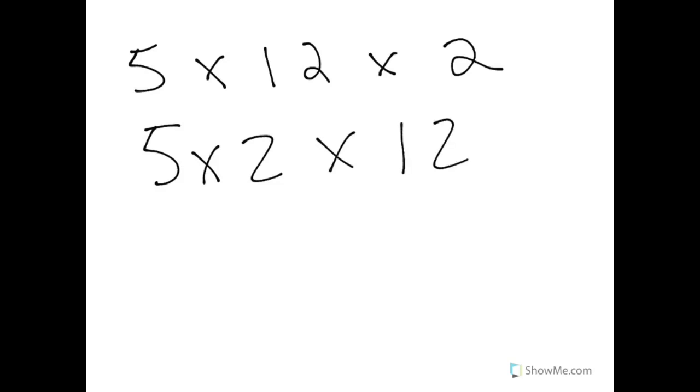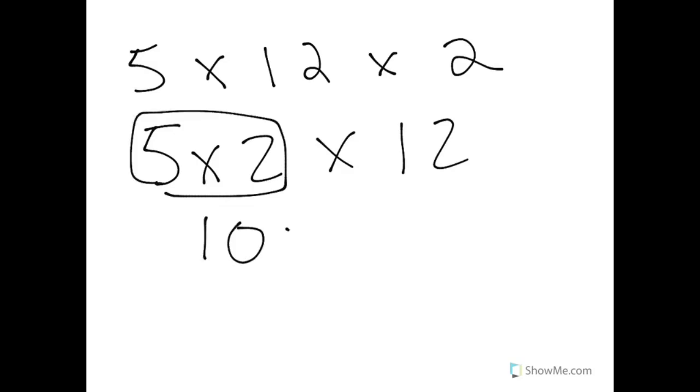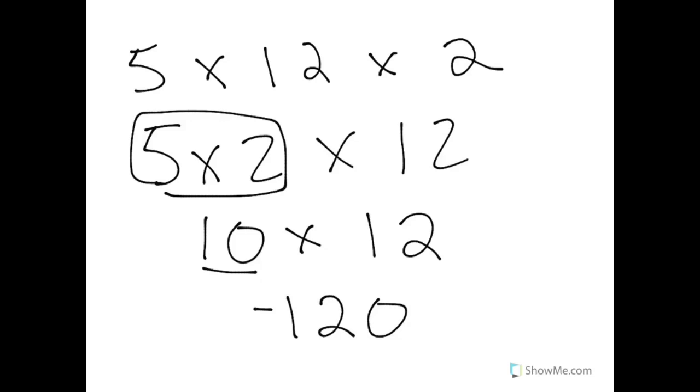The commutative property tells us that. I know that 5 times 2 is 10 because that's a math fact, and then I have 10 times 12. And of course, when you have 10 times anything, you add a 0, gives me the answer of 120. That 5 times 12 times 2 sounds like a harder problem than it actually is.